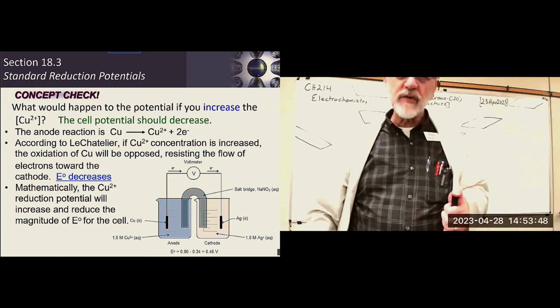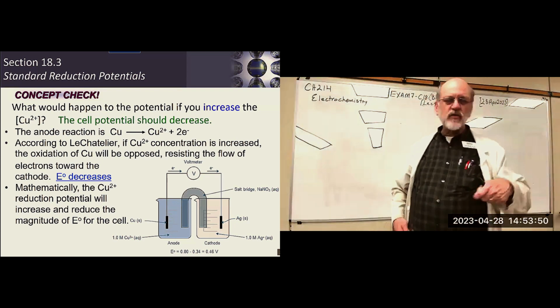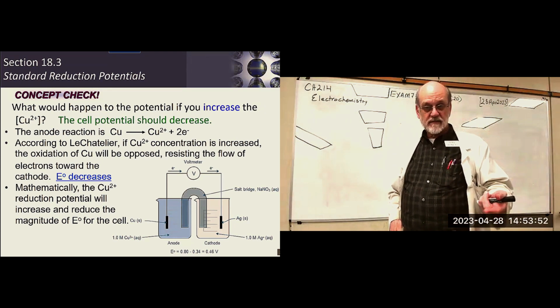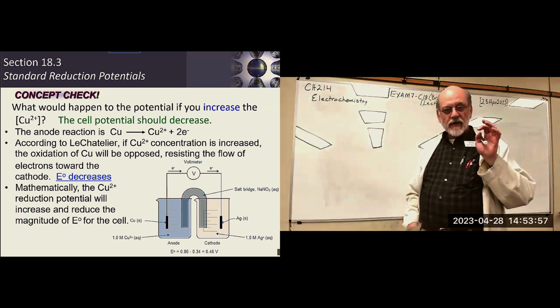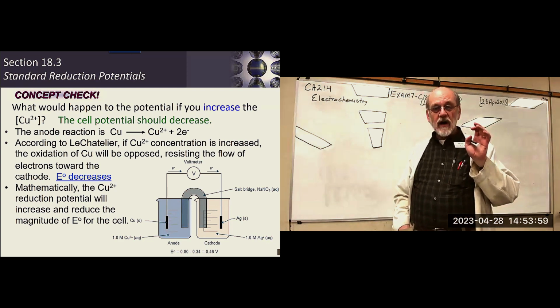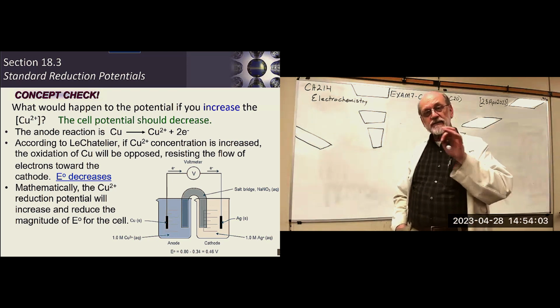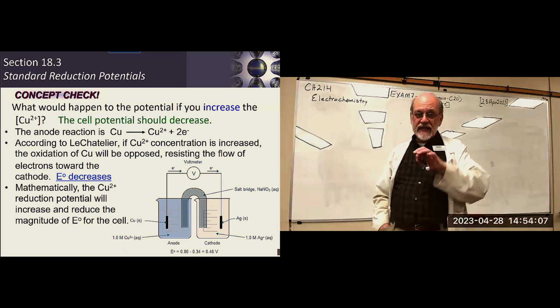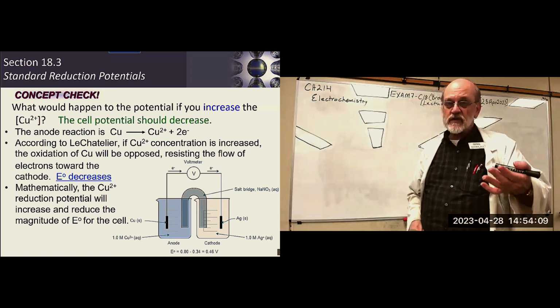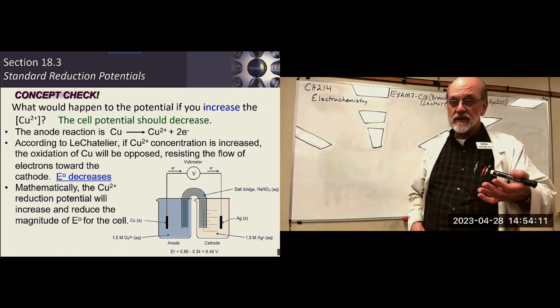So what would happen to the potential if you increase the copper concentration? Well, look at the half reaction. On the copper side, we are oxidizing the copper. So copper goes to copper 2 plus and 2 electrons. What would happen if we increase the concentration of Cu2 plus in solution?